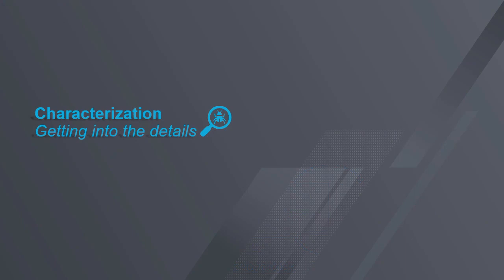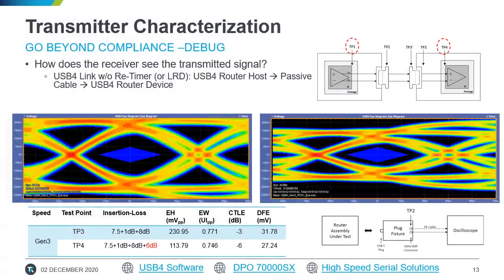In this section, we will talk about characterization and how to get into the details. Here is an example of performing the transmitter test with 22.5 dB loss at 10 gigahertz, and having the confidence that it will survive the maximum loss available with the USB4 link.